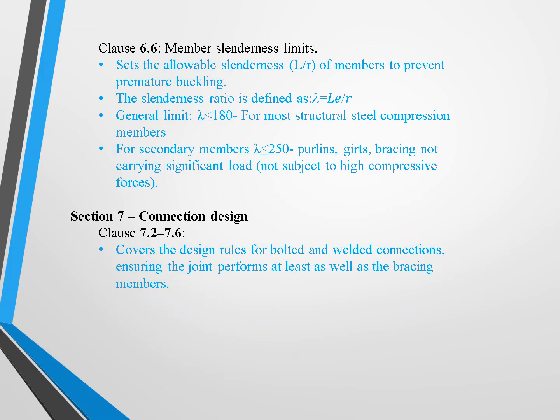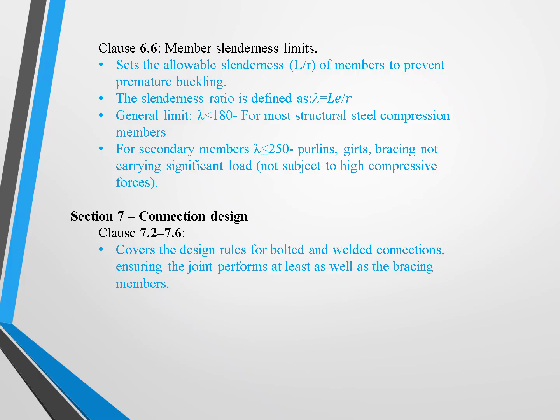Clause 6.6, member slenderness limit, as we already mentioned, sets the allowable slenderness of a member to prevent premature buckling. The slenderness ratio is defined as lambda equals Le over r. The general limit is lambda smaller than 180 for most structural steel compression members, while for secondary members the limit is higher, 250 for purlins, girts and bracing not carrying significant load.